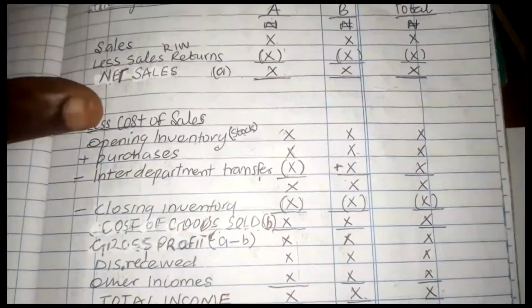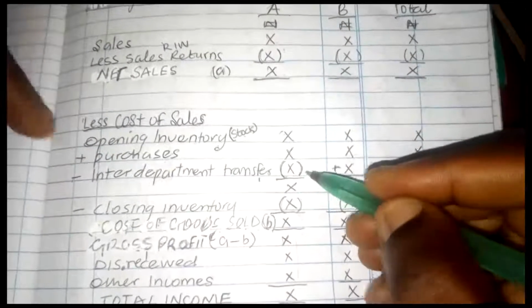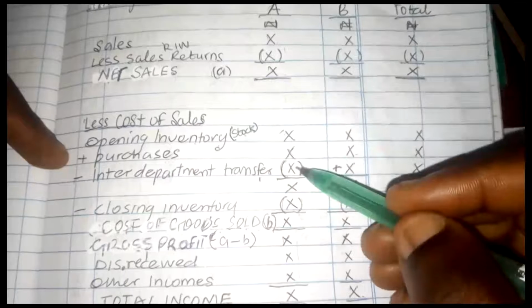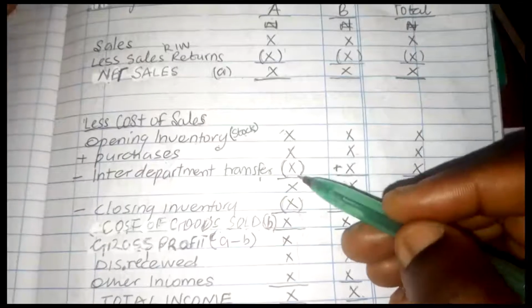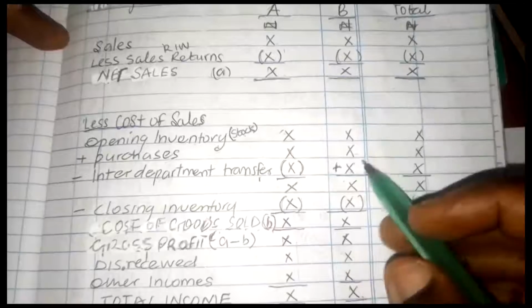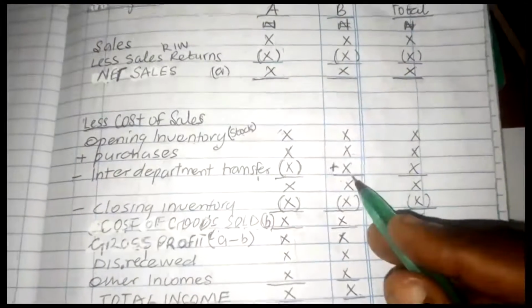So when you are accounting for such a transaction, you will subtract from the purchases of the purchasing department and add to the department that collects such items.